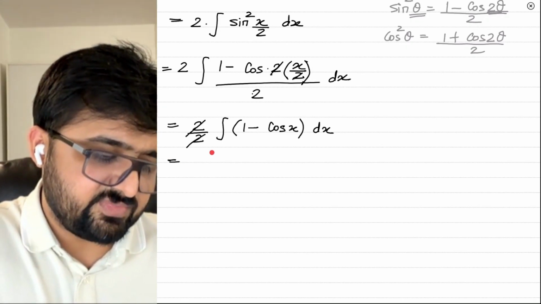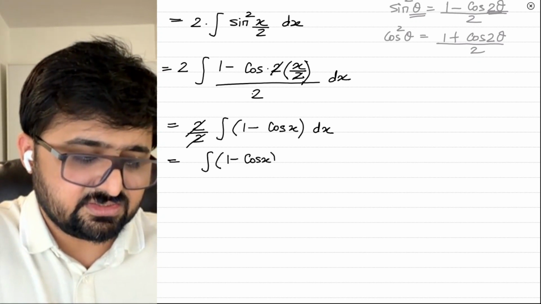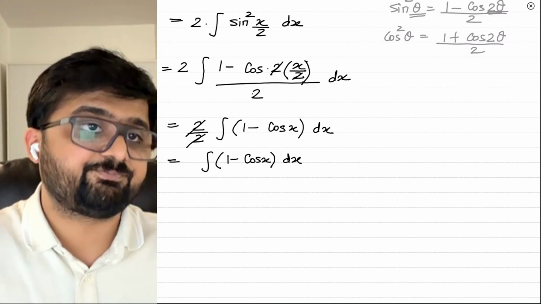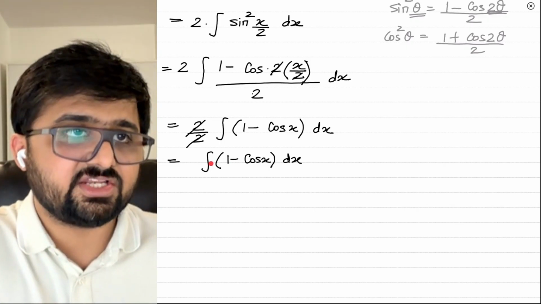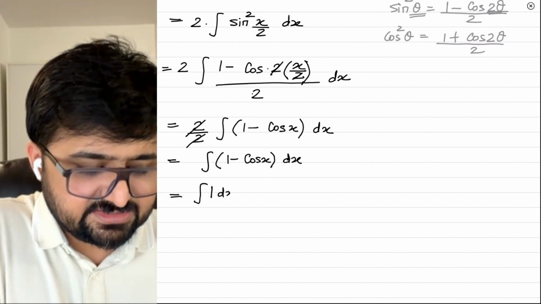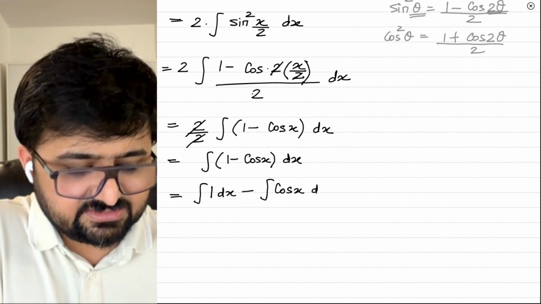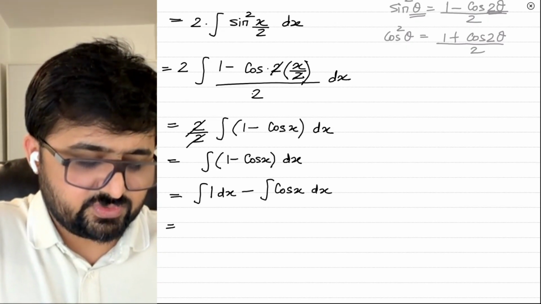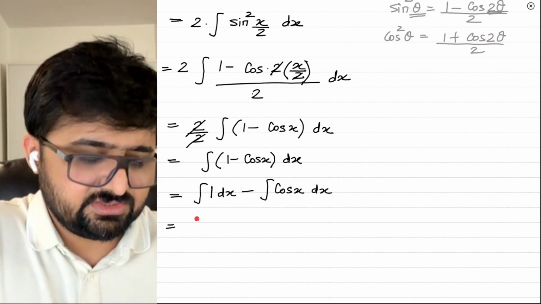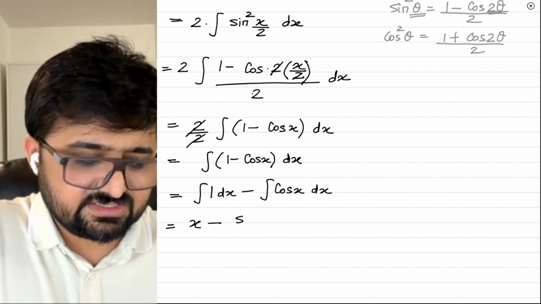So you are basically left with integration of 1 minus cos x dx. Now split that integration into both the terms, so you will get integration of 1 dx minus integration of cos x dx, which becomes: integration of 1 is x, integration of cos x is sin x.